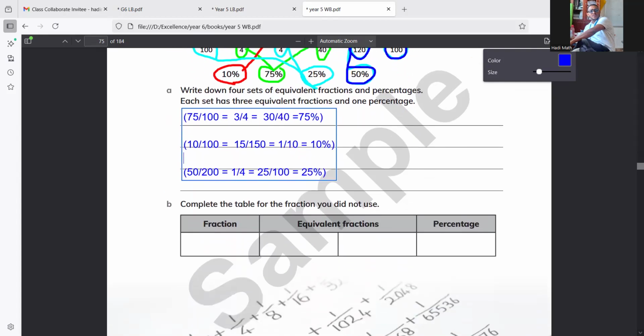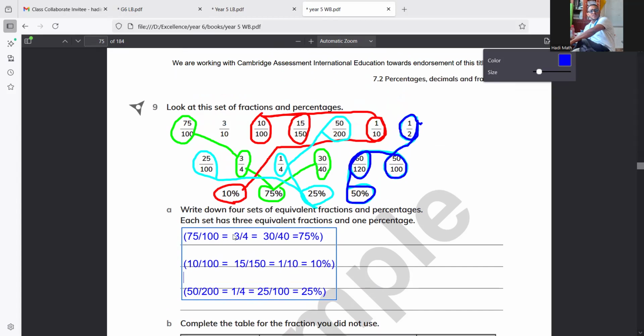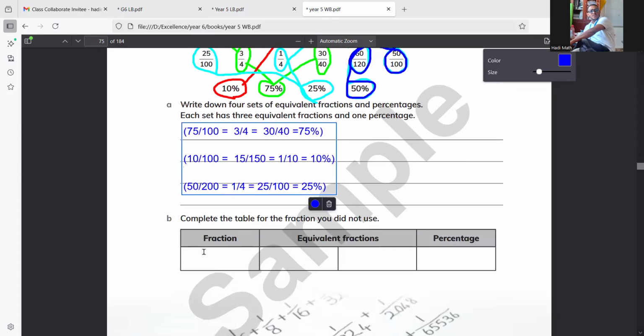Now they say complete the table for the fraction you did not use. The fraction I did not use is 3 over 10. I want to make an equivalent, the same thing, like that one. When I say 3 over 10, I can make one of them 30 over 100.